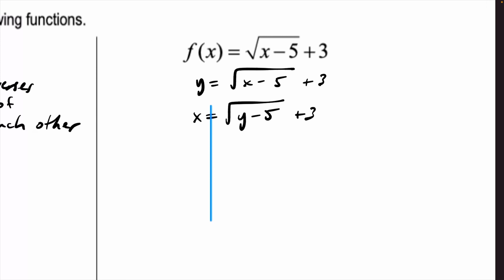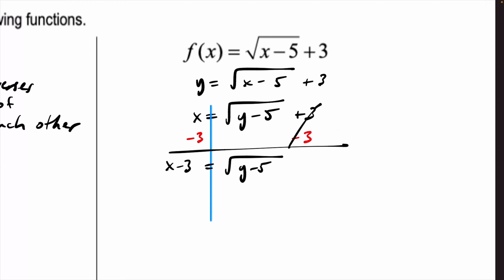Okay, so we subtract 3 from both sides. There's our minus 3 that we were talking about. So we have x minus 3 equals the square root of y minus 5. I can't add 5 yet until I get rid of the root. So to get rid of the root, I have to do the opposite, which is squaring. We just talked about that.